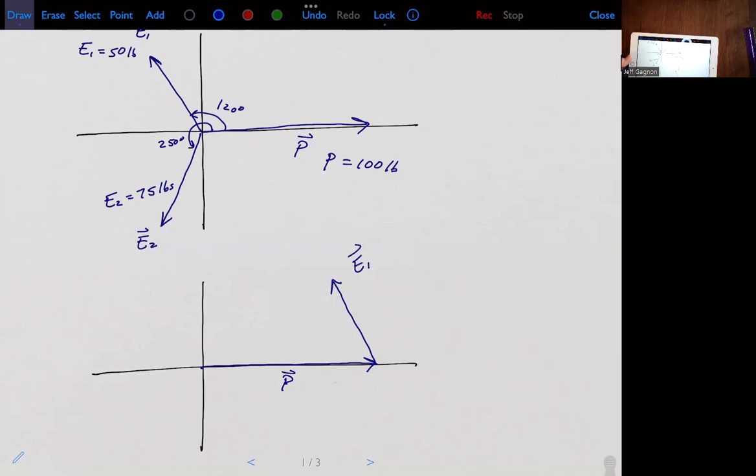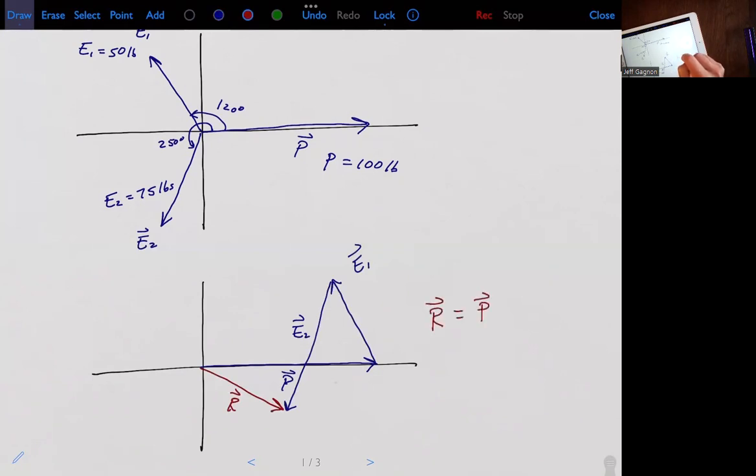And then the tail of E2 to the tip of E1. So it'll go something like this. And it looks like I'm going to have a resultant vector somewhere in like that 4th quadrant. So this is like R, where R in this case is P plus E1 plus E2.